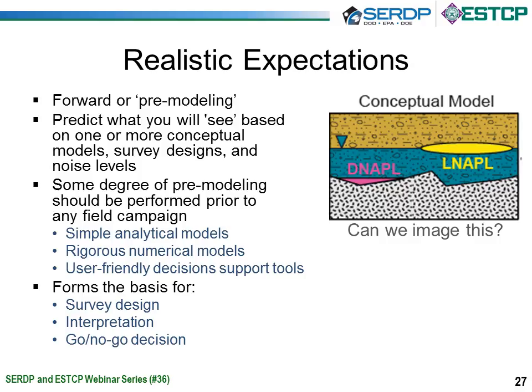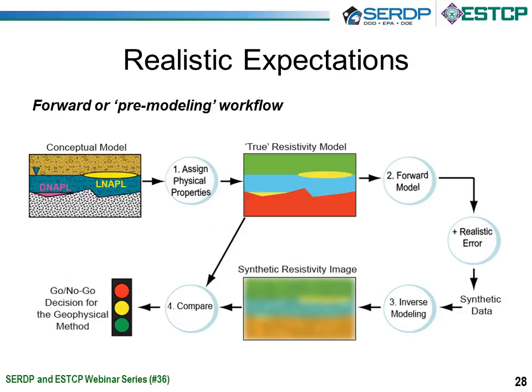It's a question the geophysicist often gets asked. The correct way to answer that is not just with some blurb and some arm waving, but to do some rigorous modeling. There are various ways of doing this, with different levels of complexity. But these modeling tools really form the basis for survey design and interpretation and a decision about whether to apply the technique.